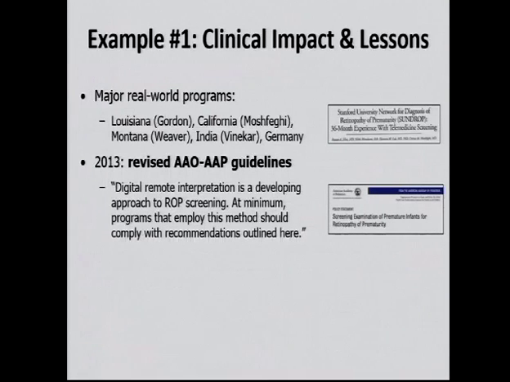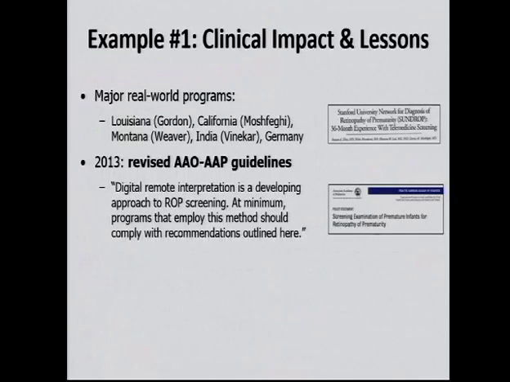And the other thing is that the revised American Academy of Ophthalmology and Pediatrics guidelines in 2013 came up with this quote. And I was actually on the panel that came up with this quote, which was carefully wordsmithed and meant to be very vague. But this is what it says. Digital remote interpretation is a developing approach to ROP screening.